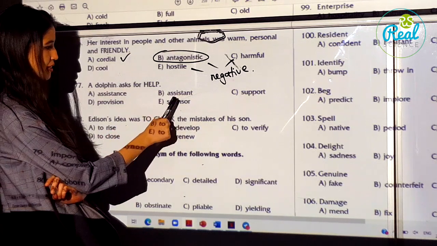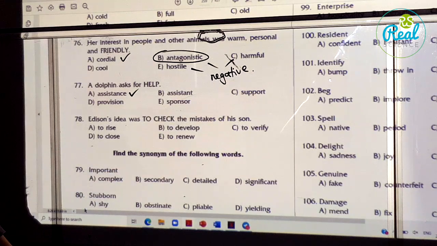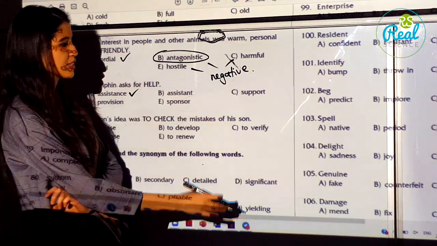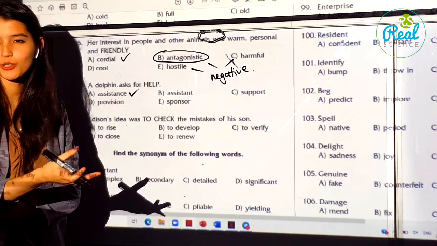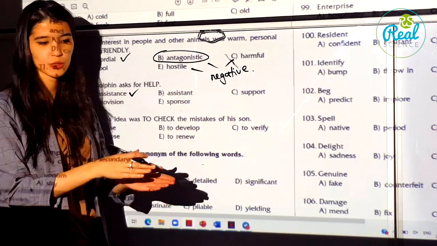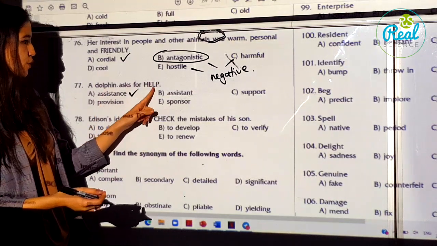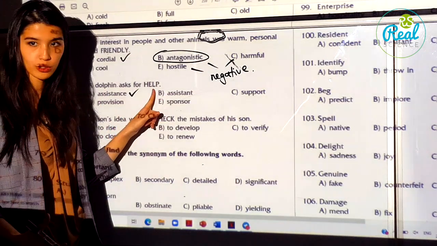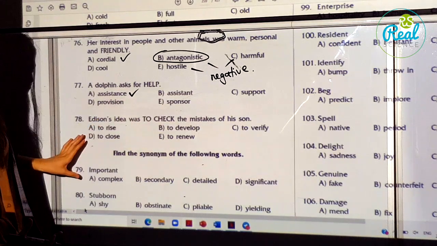Assistance. Support can be too, when you have to give push in arguments. But here the dolphin asks for help. The dolphin cannot ask for support, right? So it asks for assistance.